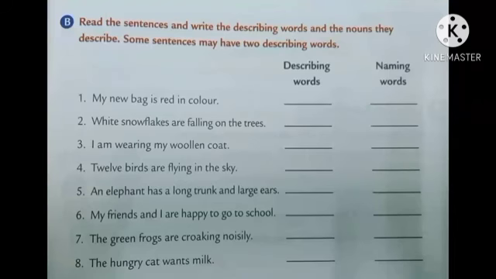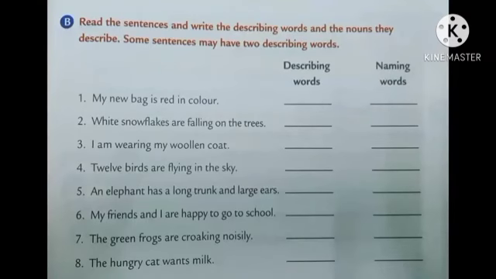My new bag is red in color. Now see, children, my new bag is red in color. Now first tell me what is the noun over here. What you will say, name of a thing. Bag. Okay. So bag is a noun over here. Now what kind of bag it is? New bag. Okay. And what is the color of the bag? Red. So bag is described as new and red.